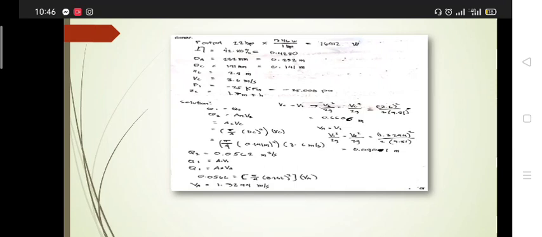Then solution. Q sub 1 equals Q sub 2. Q sub 2 equals A sub 2 times V sub 2, which is A sub C times velocity.